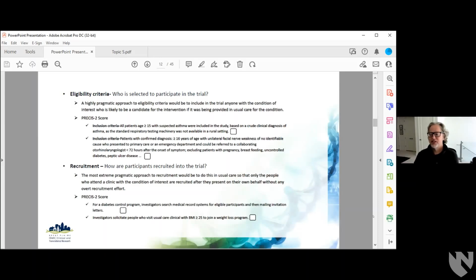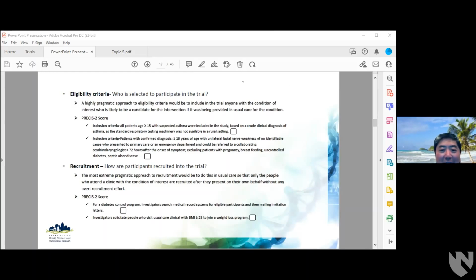In these cases, typically there's not much risk when you're talking about comparative effectiveness trials. So I think the more intensive the intervention, the more it feels like a research study, the more out of the usual it is, then the more likely you're going to be asked to get consent. Thank you. Sure.